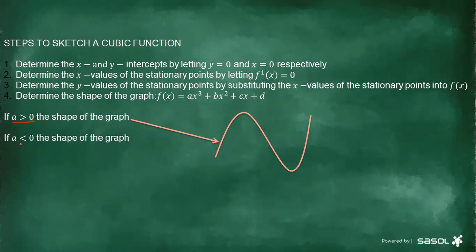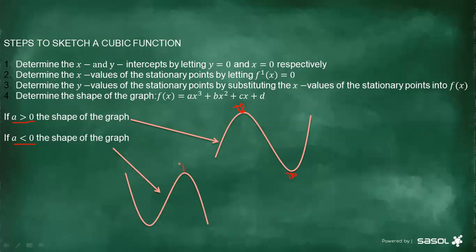And then when a is less than 0, this is going to be the shape of the graph. Remember, this one is going to be the first turning point, and another turning point as well. So every time you're looking for stationary points, remember stationary points are the same as turning points.